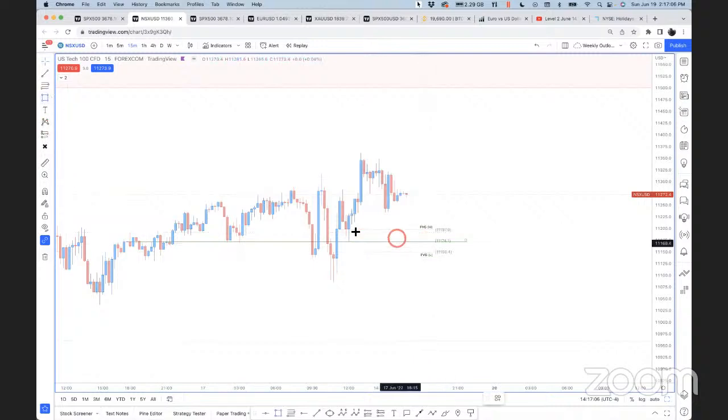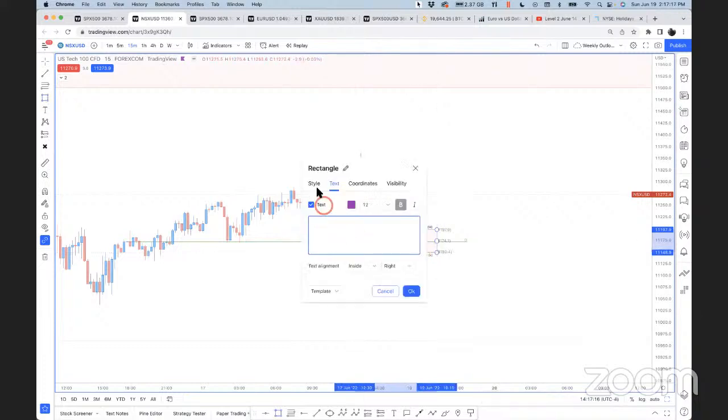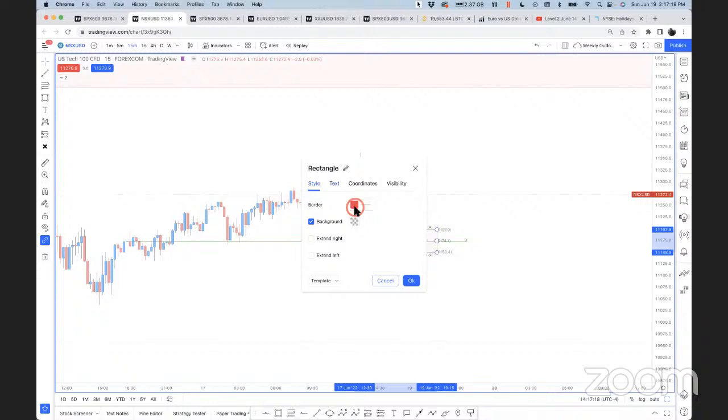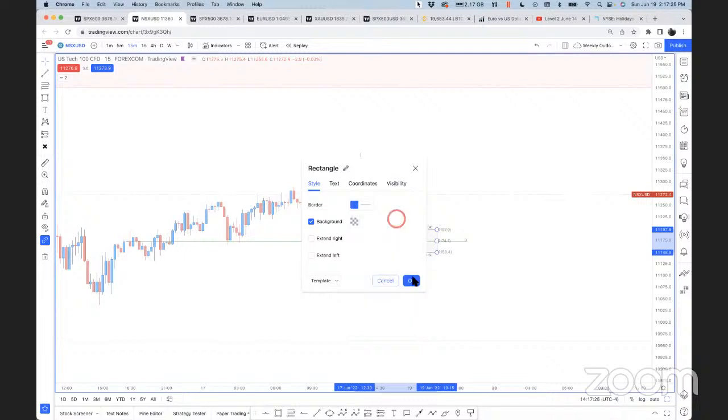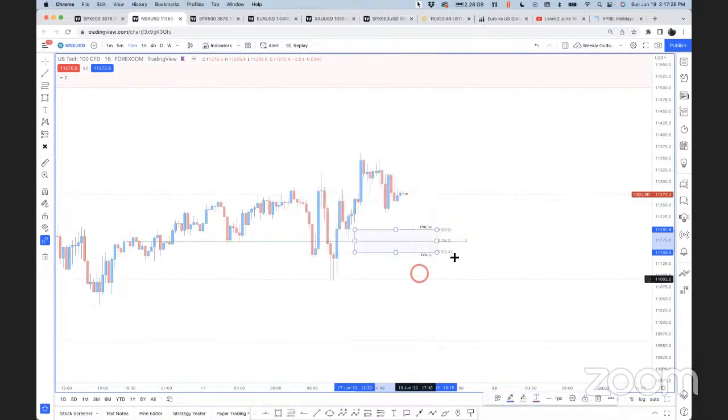I'll even just highlight it. For a smaller short-term buy, us coming down into this and then buy from here.